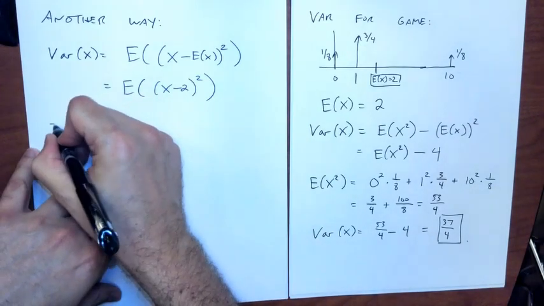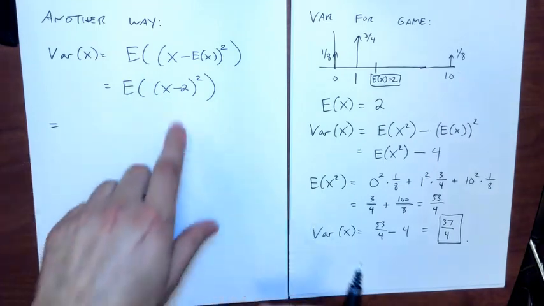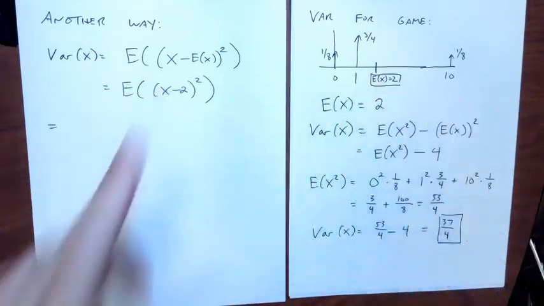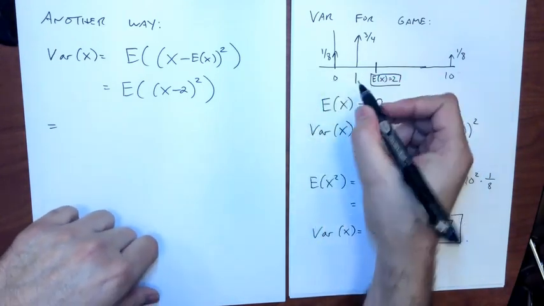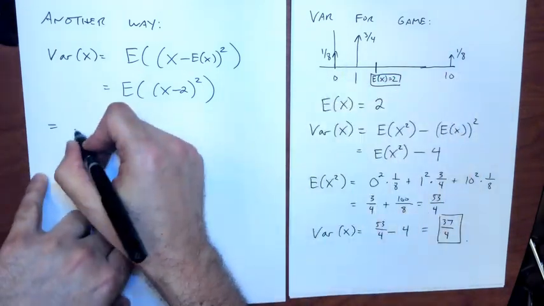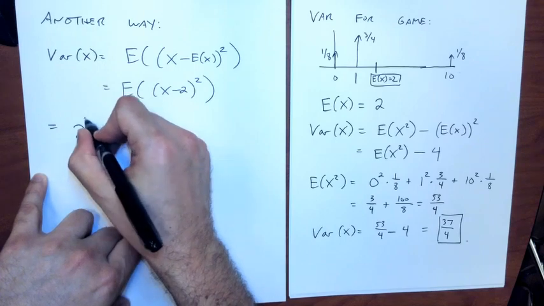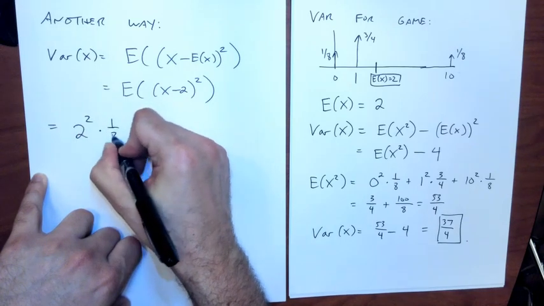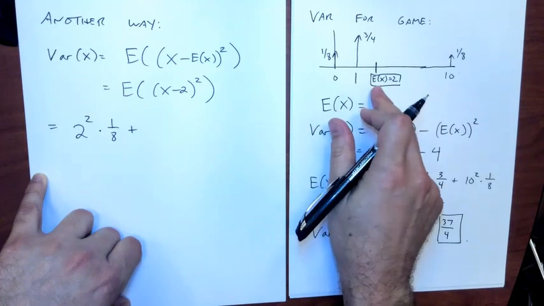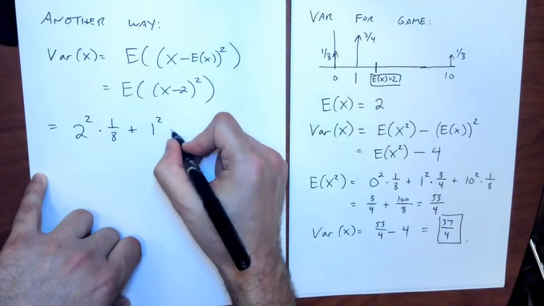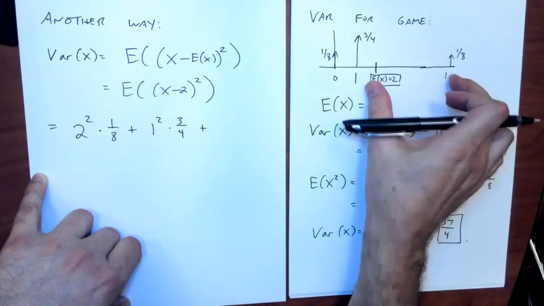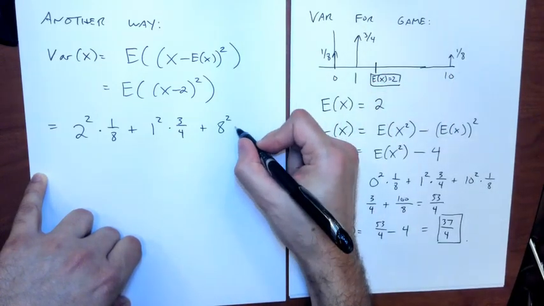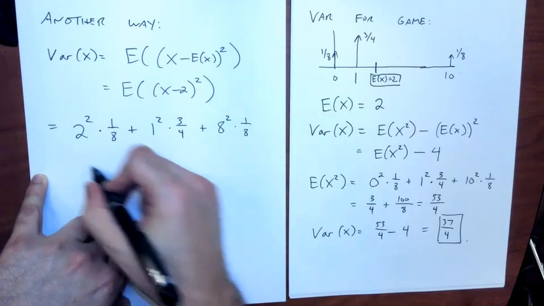And so then I could basically say, okay, for each of these possible outcomes, how far am I away from 2? For 0, I am 2 away from 2, so I have 2 squared times the probability of that happening. Here, I'm 1 away from 2, so I am 1 squared times the probability of that happening. And here, I am 8 away from 2, and there's probability 1/8 of 8 squared happening. So what do I get?